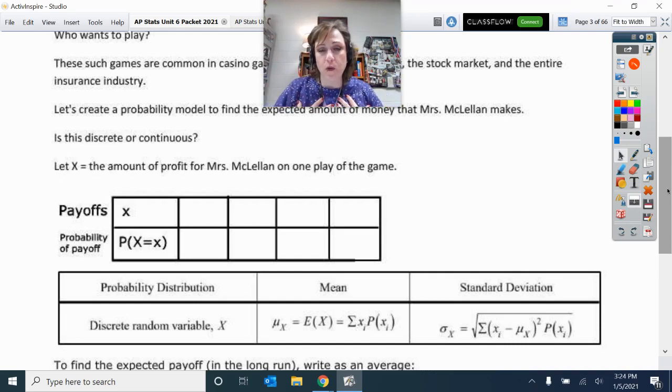Is it from the view of what Miss McClellan gets, or is it from the view of what the player profits or the player has to pay? So this one has been defined as let X equal the amount of profit, because if I'm the one making this game, I'm the one who in the long run is going to profit. Okay. So anyway, the amount that I will profit per play of the game.